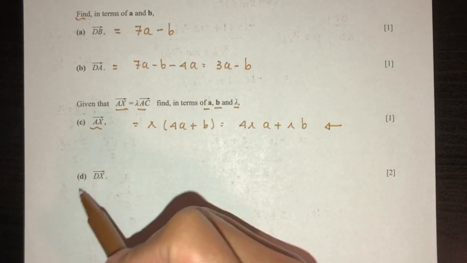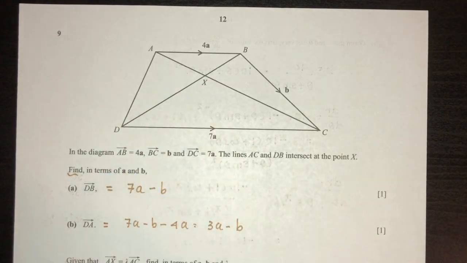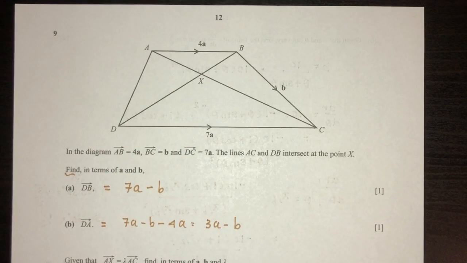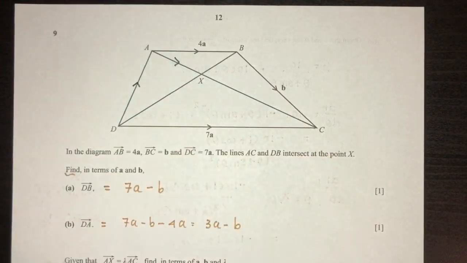Now for part D, we have to find DX. And how can you find DX? Let's observe. DX will be the same as DA and then AX, right? So DA, you have found here already.